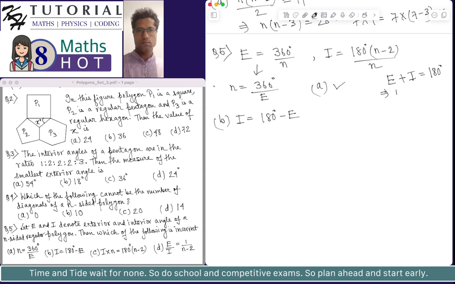So this implies I is equal to 180 degree minus E. So choice B is also a correct statement.